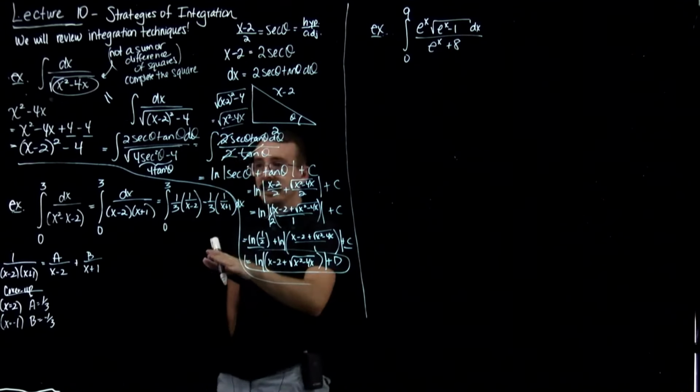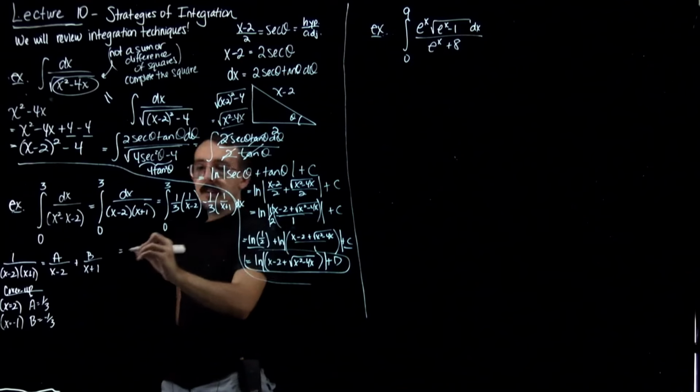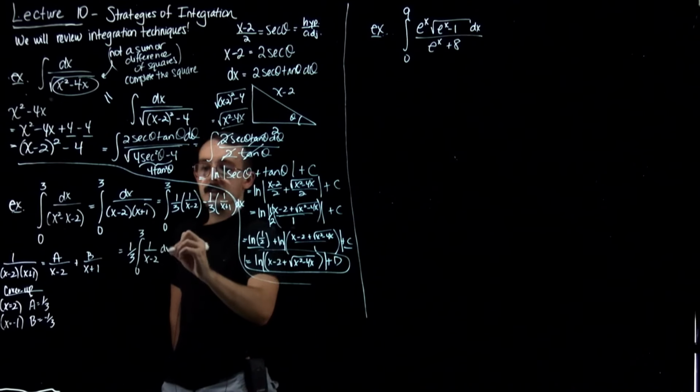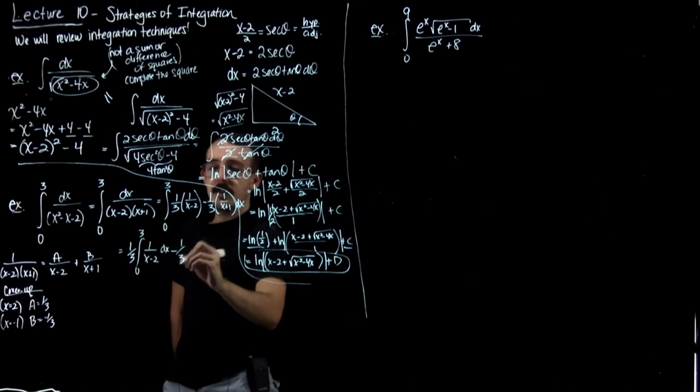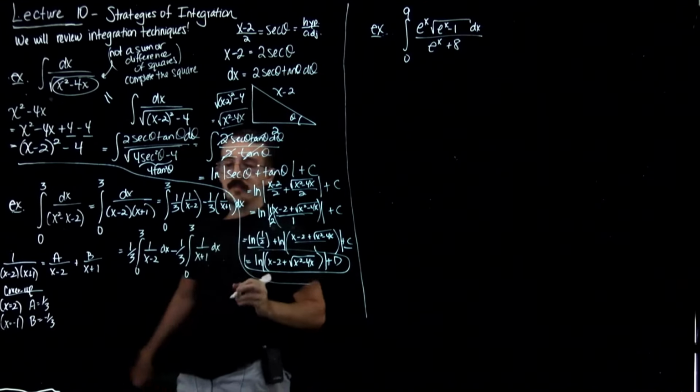So that's all fine and dandy. However, there is a problem. So let me just write out a little more. So I have 1/3 integral from 0 to 3 of 1 over x minus 2 dx minus 1/3 integral from 0 to 3 of 1 over x plus 1 dx.